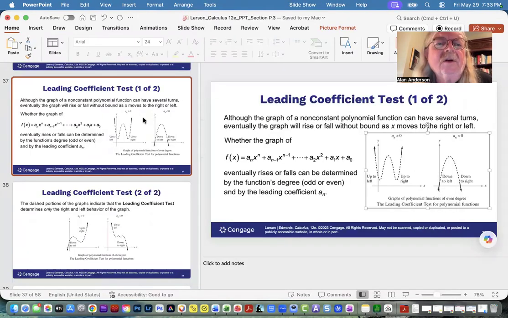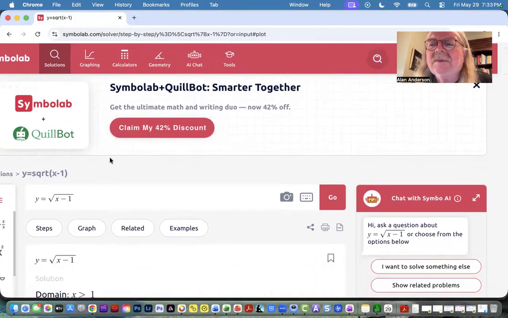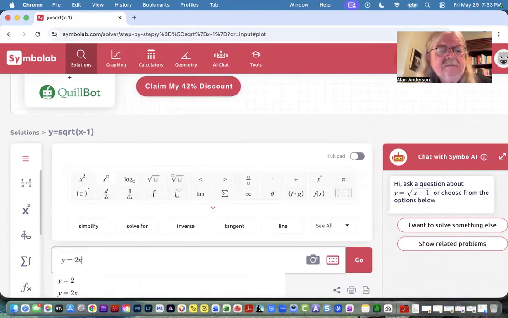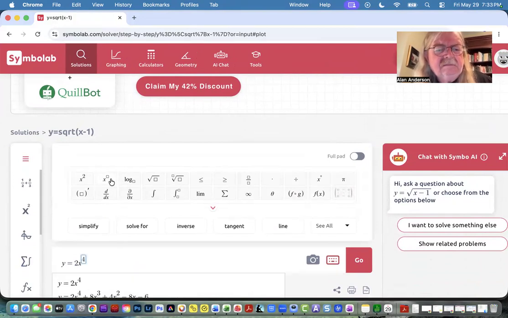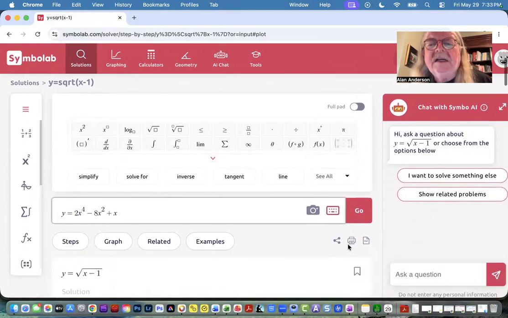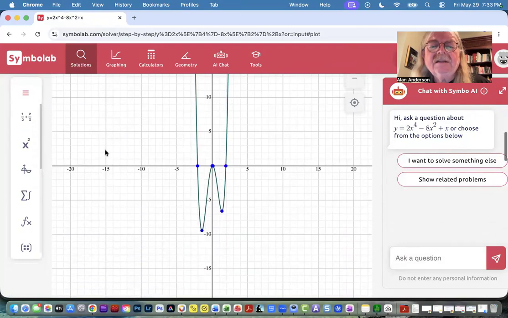Let's try 4x to the fourth. That should be fun. No, you know what? That one's going to be not that interesting either. I'm just randomly making one up now. You notice it has x to the fourth. It's an even degree polynomial. The coefficient is positive. Oh, yeah, it does have that kind of weird up and down shape. Good. All right.